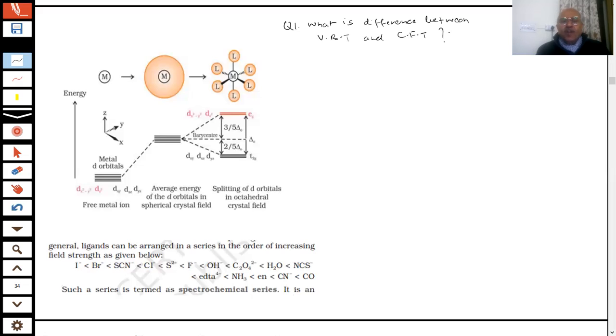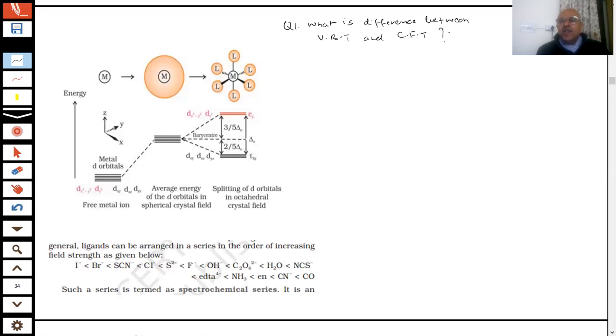The only thing we told you is that the valence bond theory involves hybridization of the s, p, d orbitals of the metal ion, and the ligands donate their lone pair of electrons into the vacant hybrid orbitals.